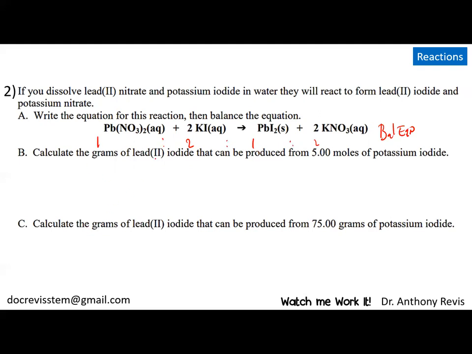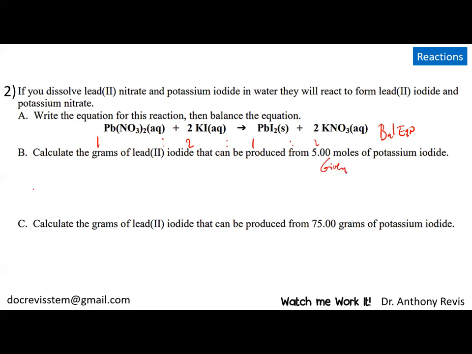So calculate the grams of lead 2 iodide that can be produced from 5.00 moles of potassium iodide. So that's a problem. This is my given.